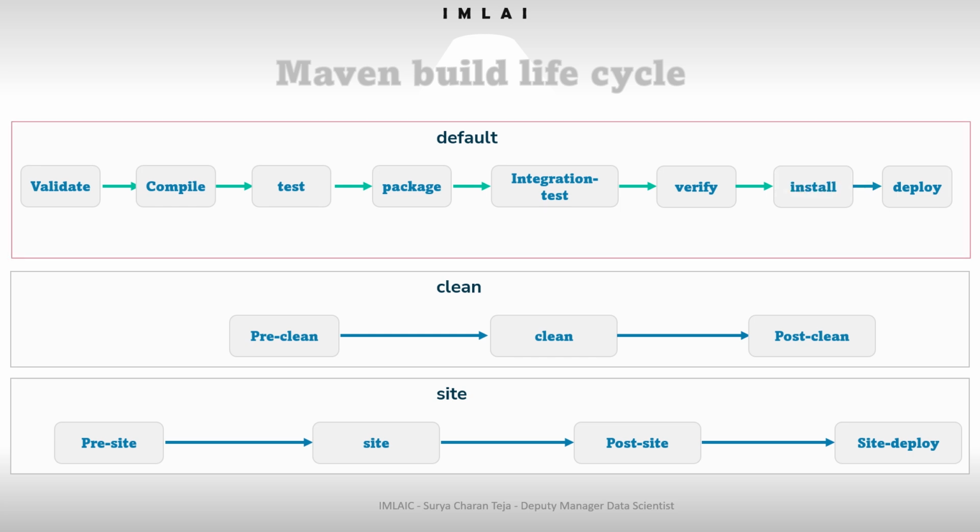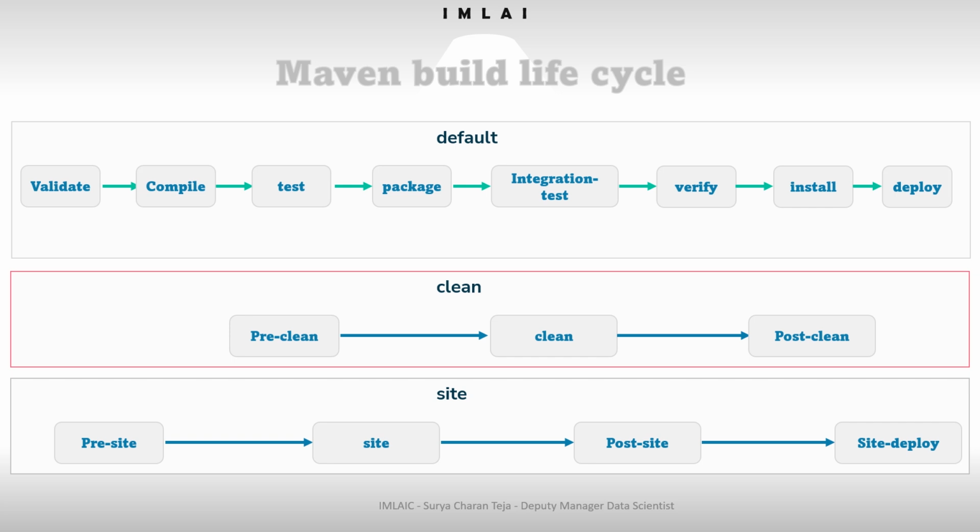Then we will look into a clean build life cycle. What does a clean build life cycle do? This build life cycle involves cleaning the project, as the name says.